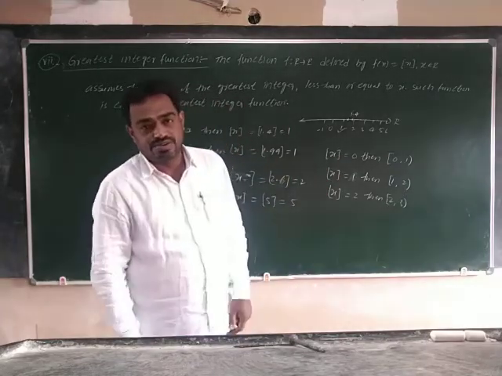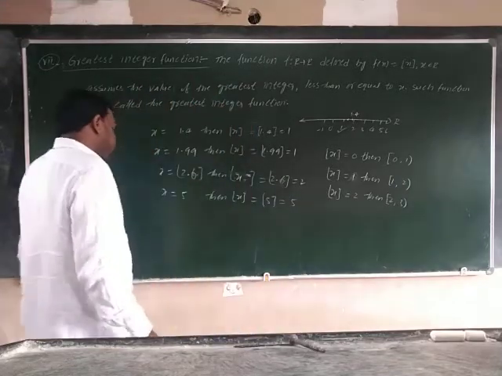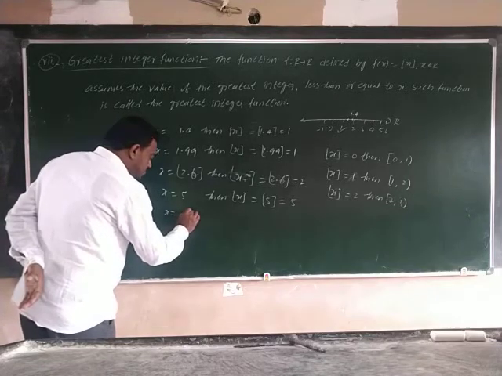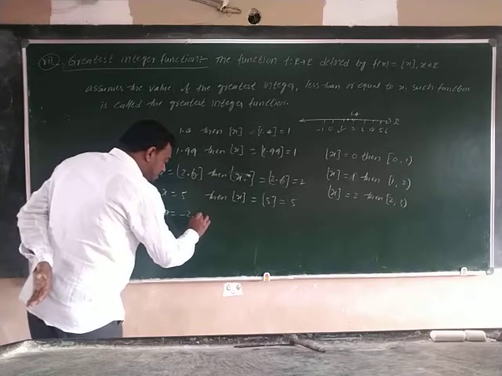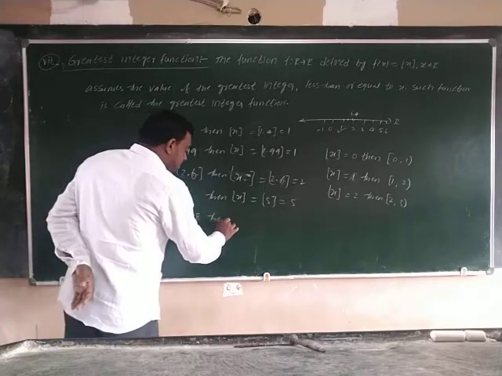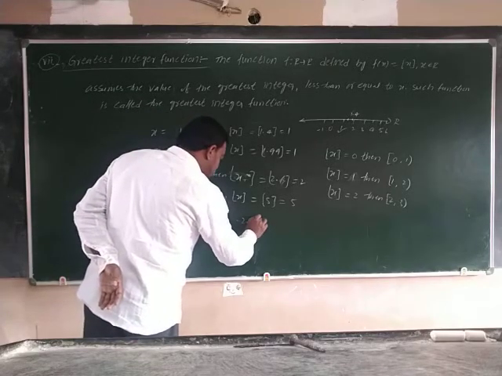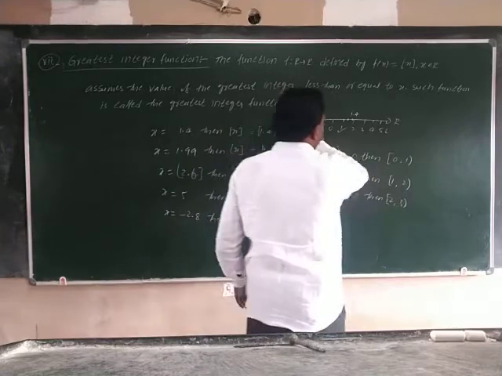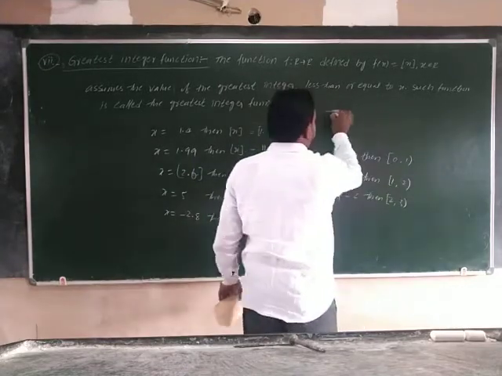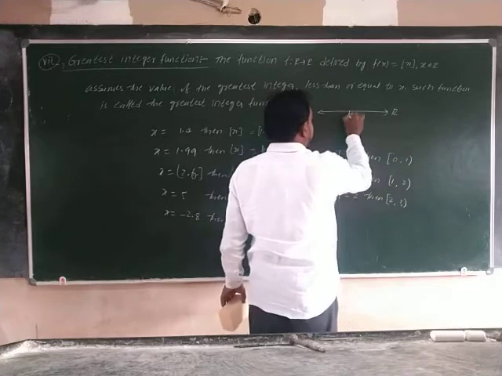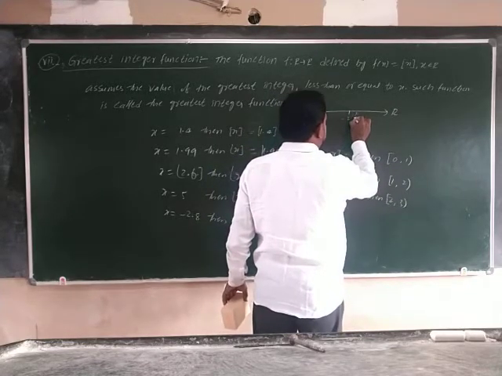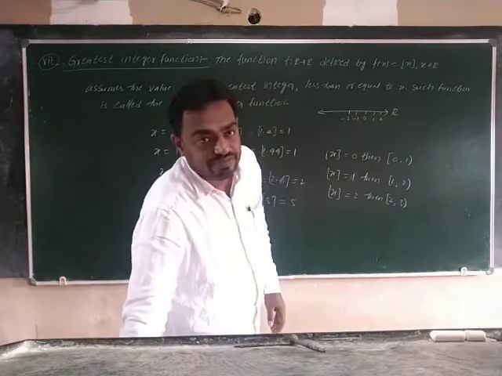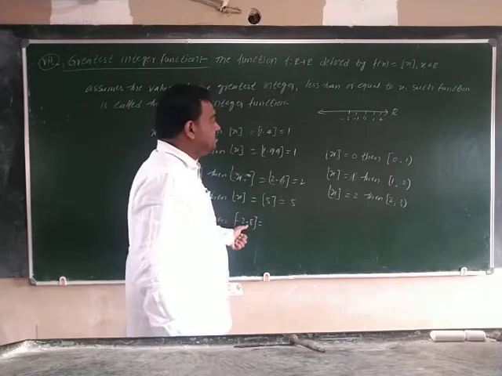What about the negative values? For example, x is equal to minus 2.8. Then what is the greatest integer of minus 2.8? See, again on the real line, take some values: minus 2, minus 1, 0, 1, 2, and so on. Here is minus 2.8.